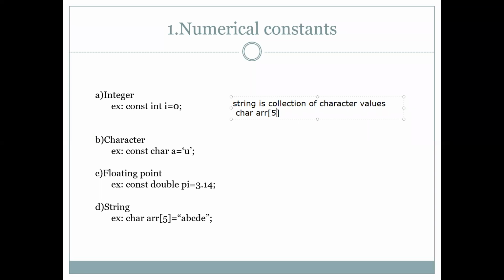So I want to declare the character string array arr, and its size is 5. The 5 represents the size of that particular string. So this string array will store the values of only 5 characters: A, B, C, D, E.